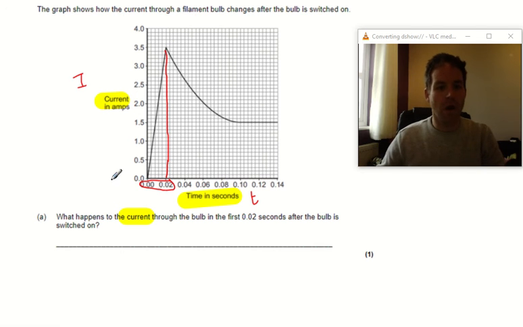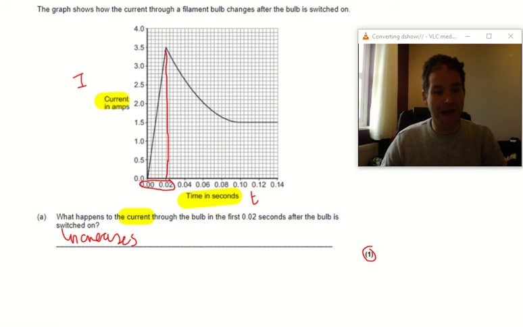So what happens to the current in that section? Well, we can simply just say it increases. Okay, for the 1 mark, that is enough to get that mark.